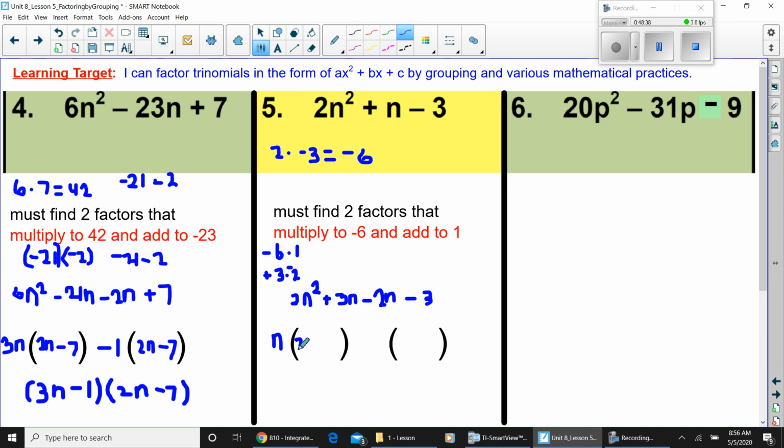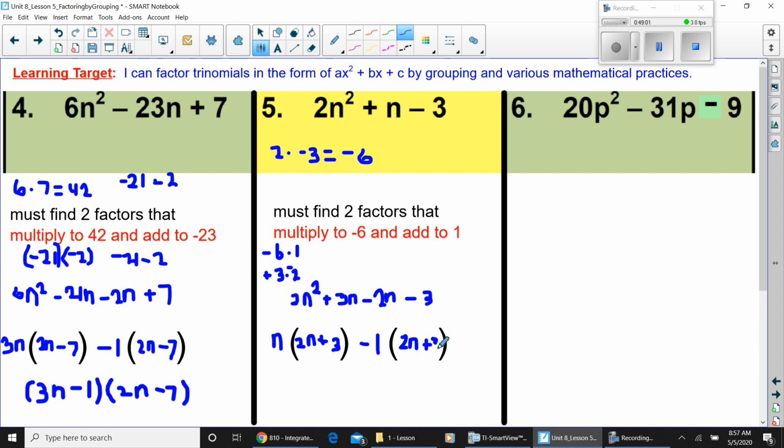And then 2n. n times 2n is 2n squared, and n times 3 is 3n. I'm going to factor out nothing, so 2n plus 3 again.